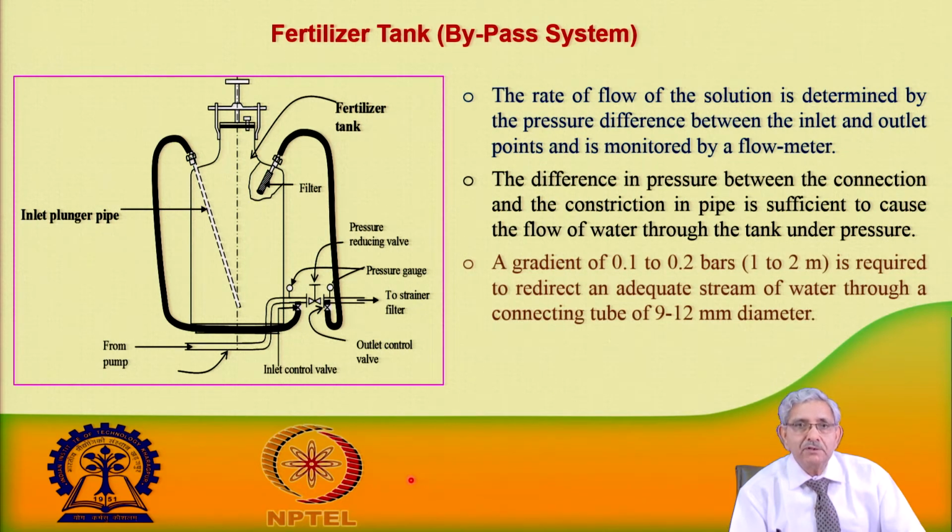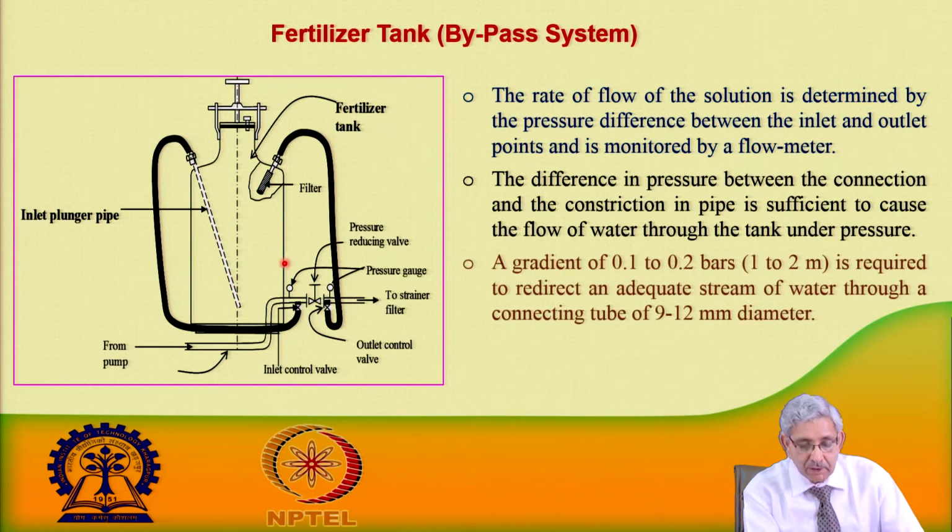There is a pressurized fertilizer tank, here named also as a bypass system, to supply fertilizer along with irrigation water. So, from the diagram, let us try to understand. This is a tank. In this tank, the fertilizer could be in liquid form or a soluble solid fertilizer.